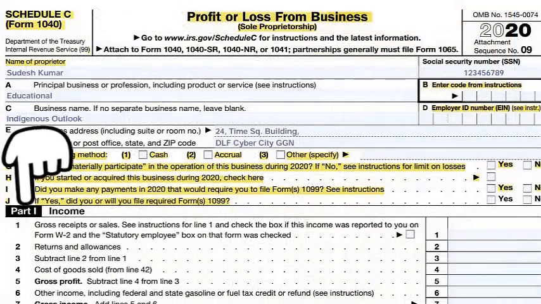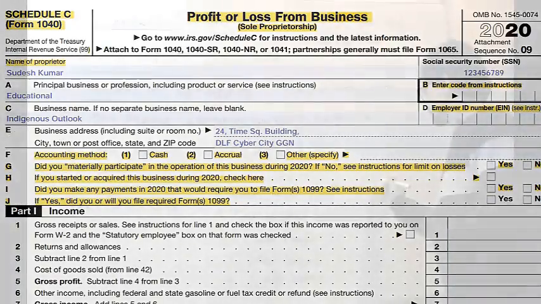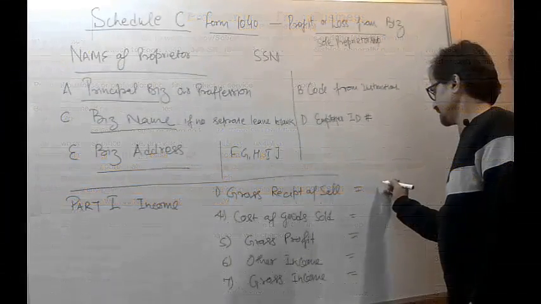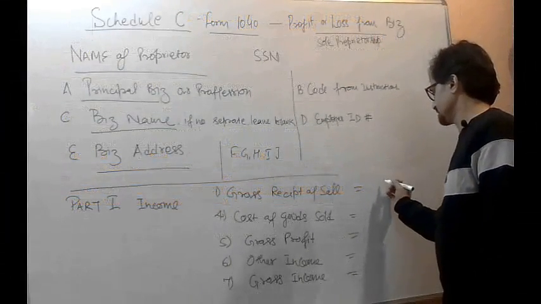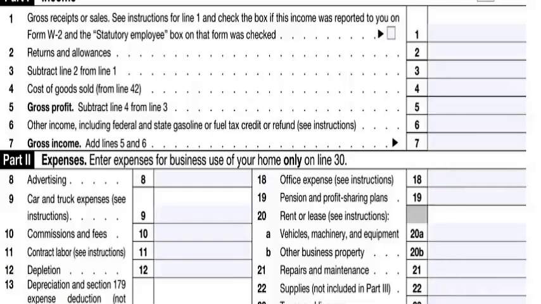Suppose I have a business and there are gross receipts or sales. Whatever I sold in that business, maybe I have a product and I'm selling that product, the money that I received according to my receipts could be, let's say, $100,000. That is the $100,000 that I sold.